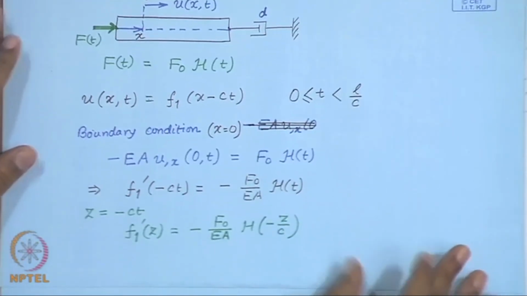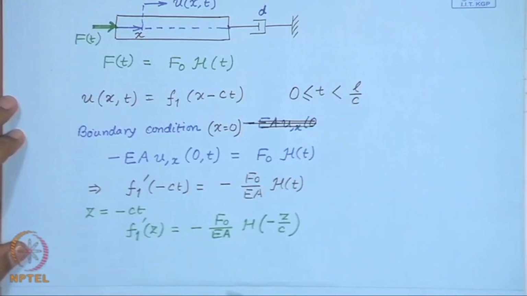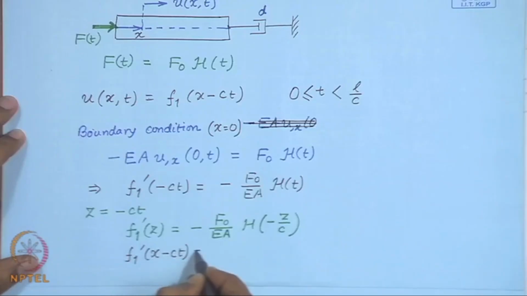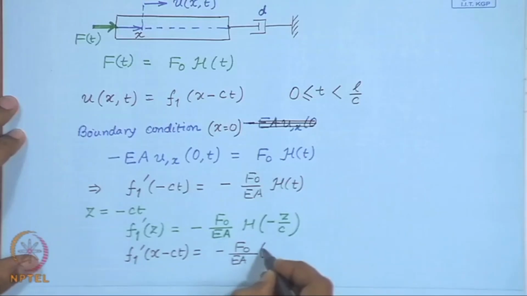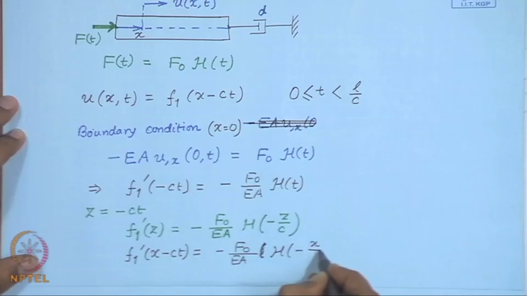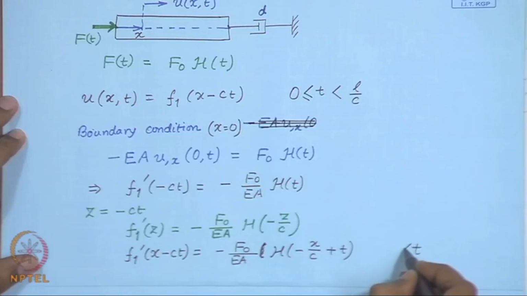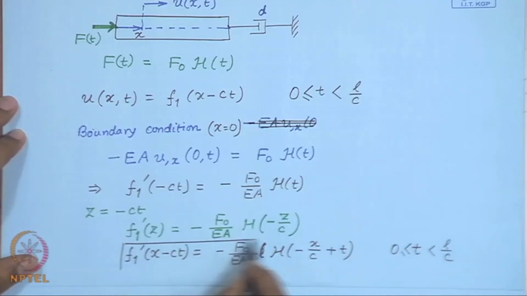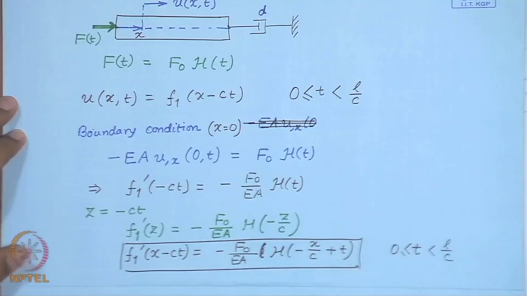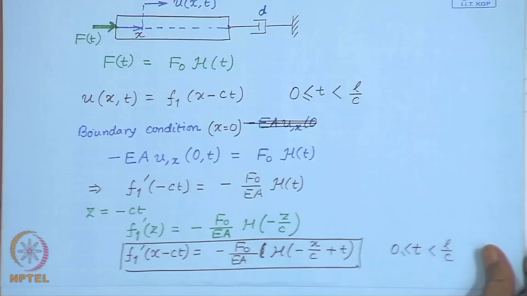So, this is what we have, and therefore, f 1 prime x minus C t is... and this solution, this is the solution as long as time is less than L over C.